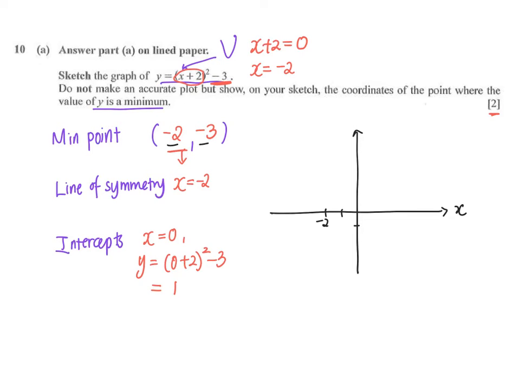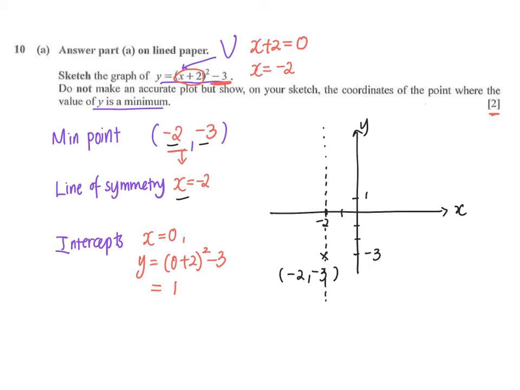Why is it -3? 1, 2, 3, -3 somewhere over here. So this is the coordinates of the minimum point. They want us to write it down. And we know that the line of symmetry is x equals -2. So this is the line of symmetry, and we have our y-intercept to be 1.